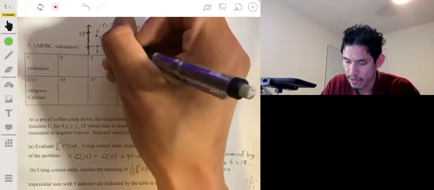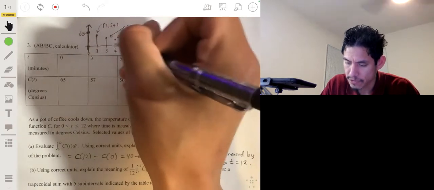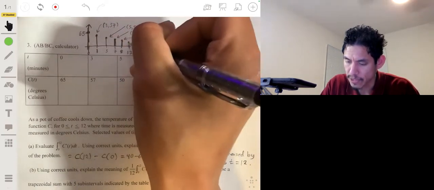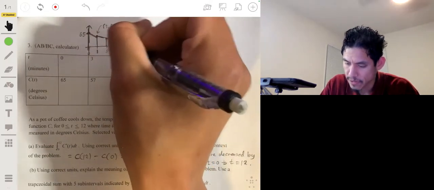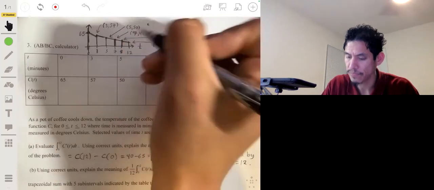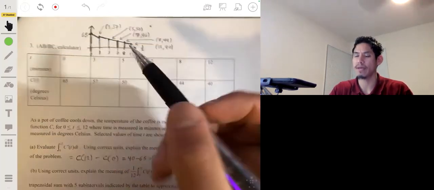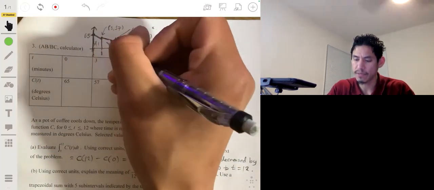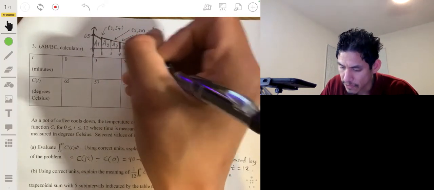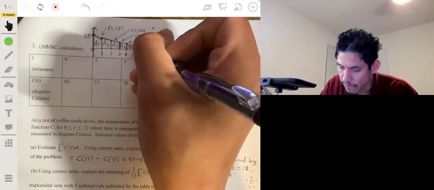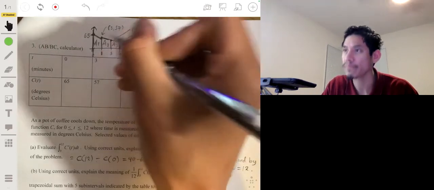So if we were to draw vertical line segments and connect the tops of these points, you can essentially see that you're getting trapezoids. You're getting one trapezoid here, we'll call it A1, another one here, A2, A3, A4, and then A5.